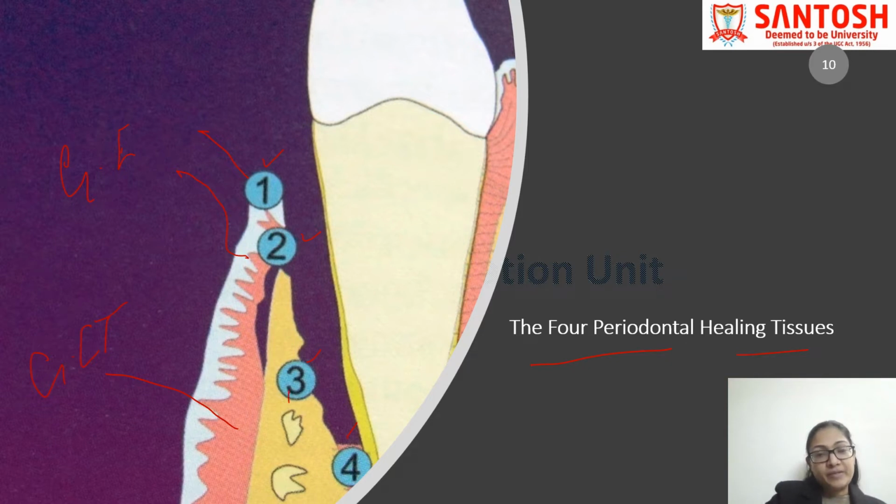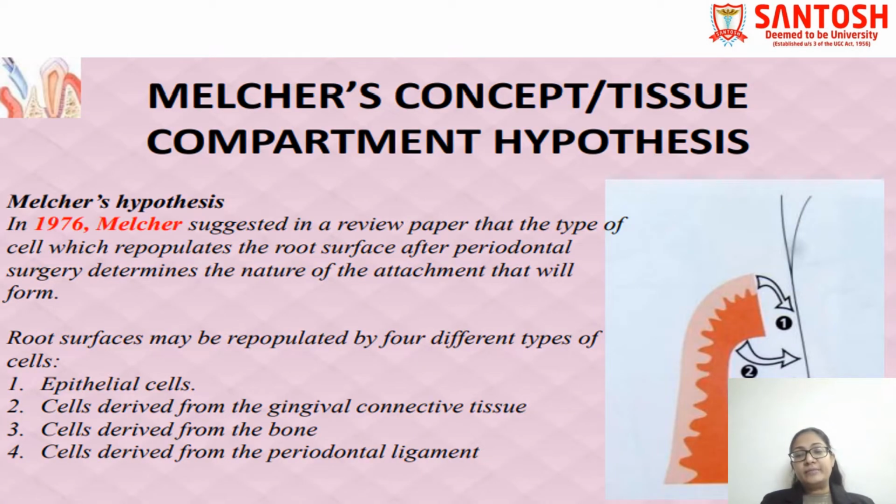Compartment number 3 is your alveolar bone, and compartment number 4 over here will be our periodontal ligament fibers. So you have a total of 4 compartments: the first being your epithelium, second your connective tissue, third your alveolar bone, and the fourth, last but not least, your periodontal ligament.